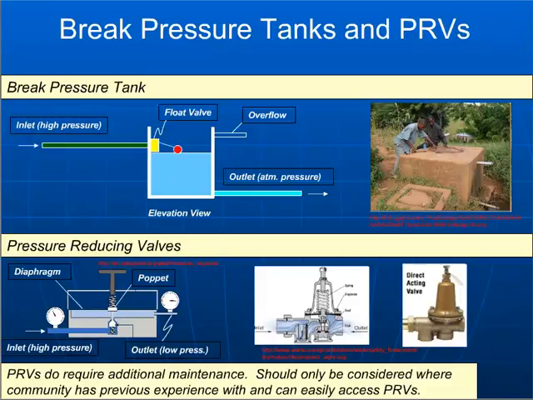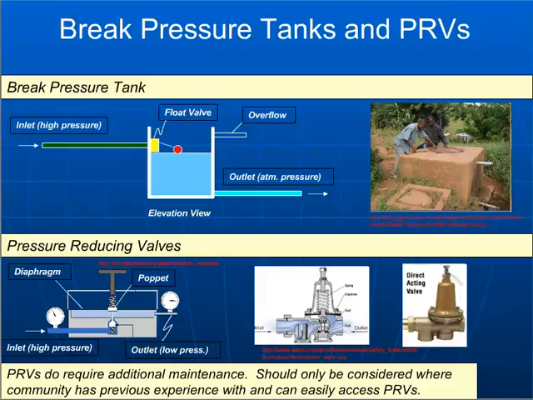The other option is to go with what's called a pressure reducing valve. These can be placed in line anywhere in the system where you have excessive static water pressure, and they work to reduce the static water pressure through a spring and diaphragm mechanism that you can see on the bottom left there.